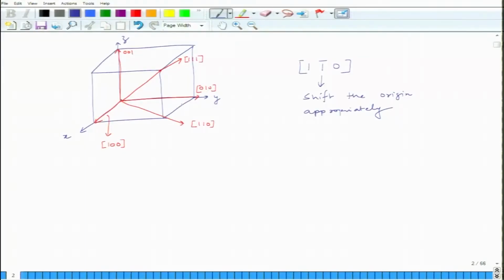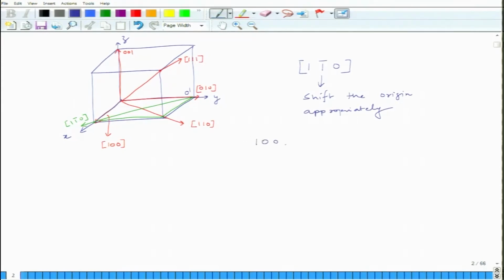So I can now put my origin here. So this is my new origin O prime, and if I need to go one along x, which is this, and one along minus y, and if I connect these 2 points, this would be 1 1 bar 0.